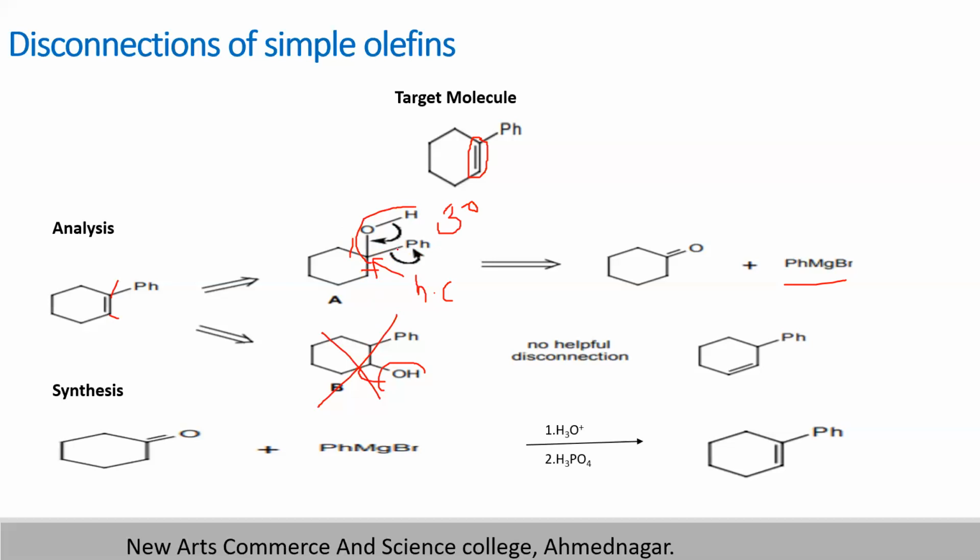So you disconnect here, this indicates PhMgBr and cyclohexanone. Now complete the synthesis: cyclohexanone plus phenyl magnesium bromide, then do the hydrolysis, get OH over there, and then complete the dehydration reaction by using H3PO4.